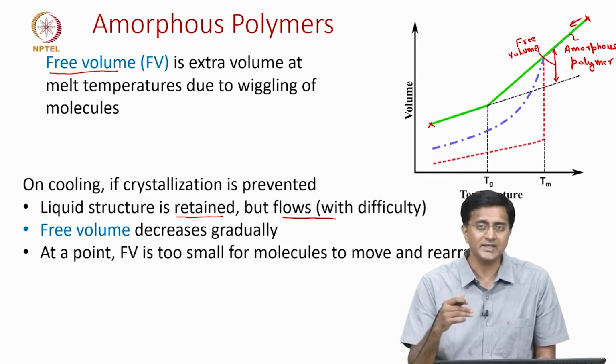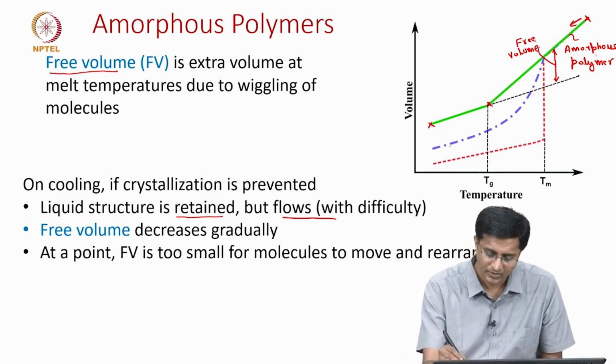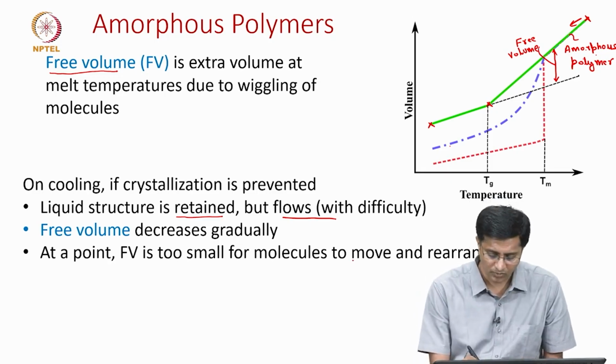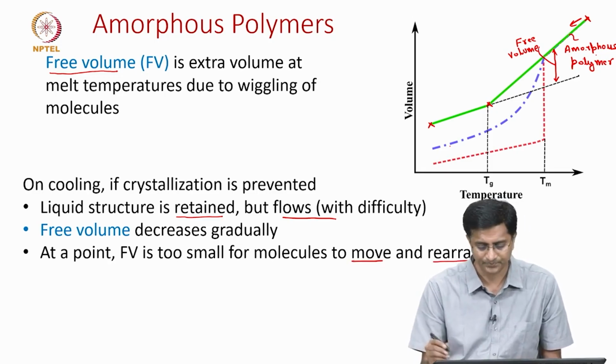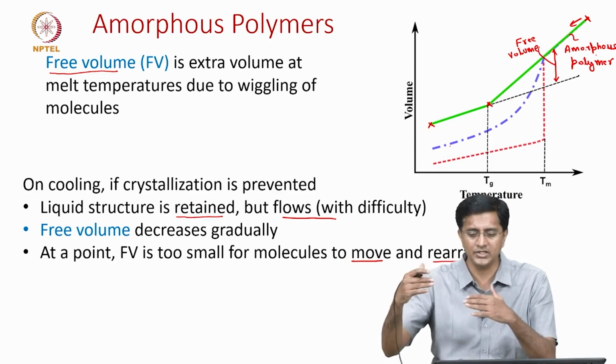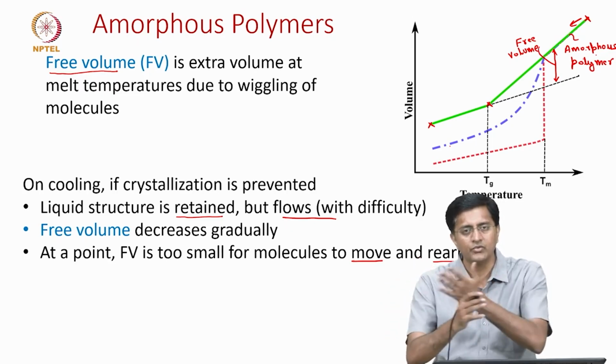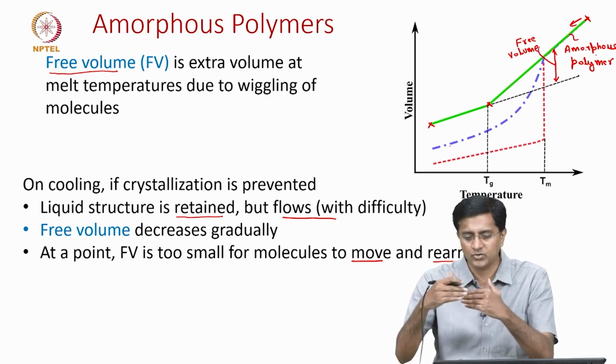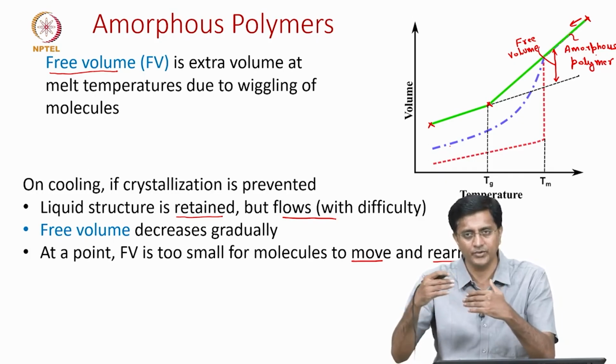But if we further decrease the temperature, we arrive at a point like this, where the free volume is too small for molecules to move and rearrange. Initially the molecules are free to flow past each other, but that is all possible because of this extra free volume.